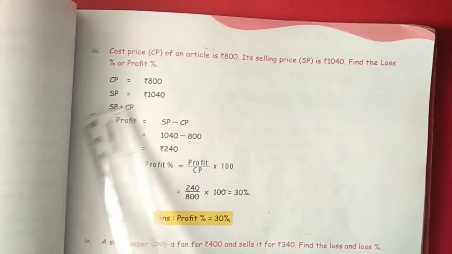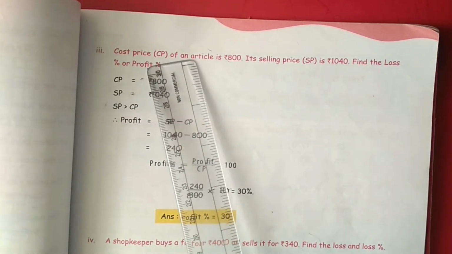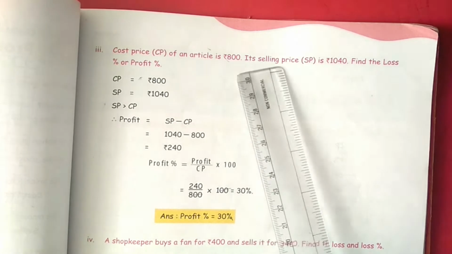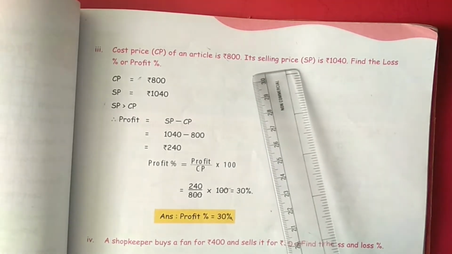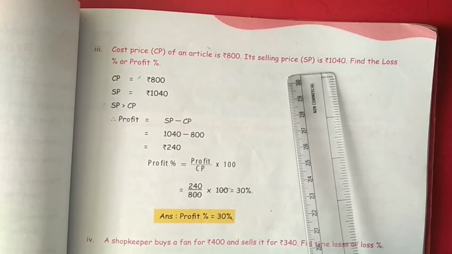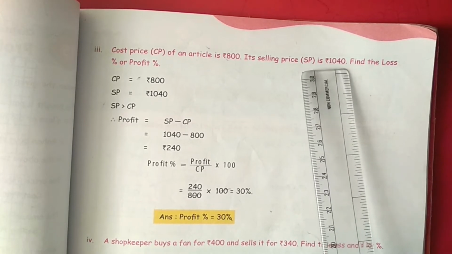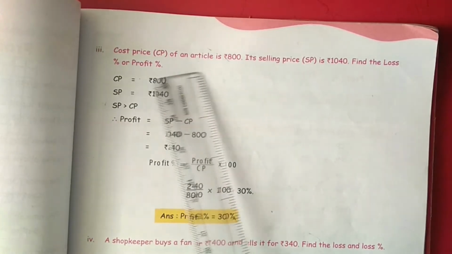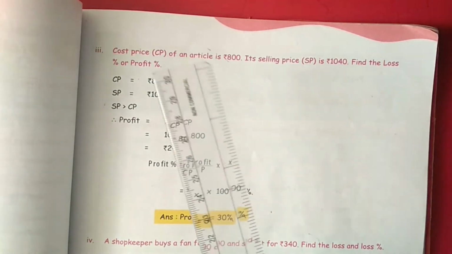Now see the third question. Cost price CP of an article is 800 rupees. Its selling price SP is 1040 rupees. Find the loss percent or profit percent.